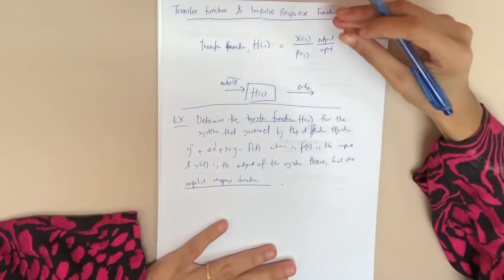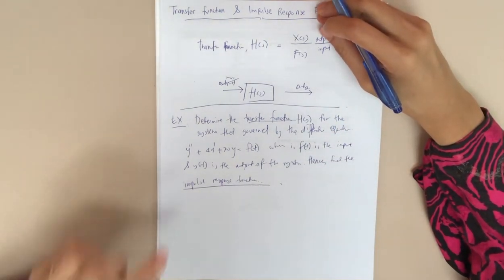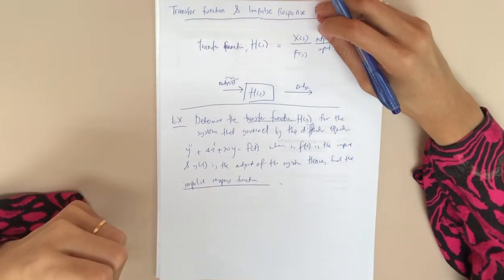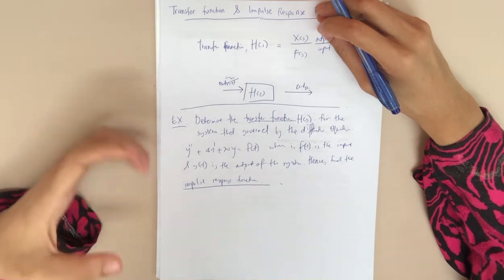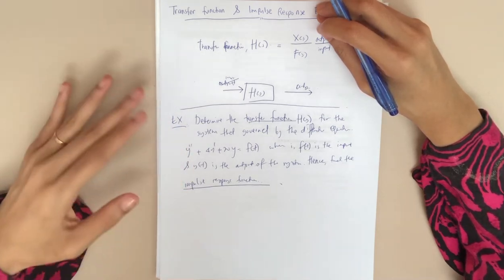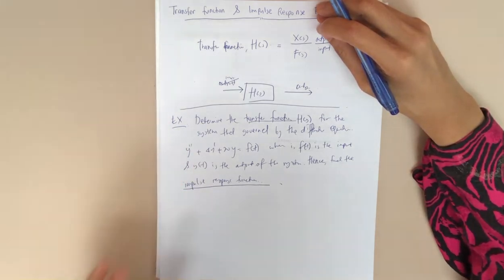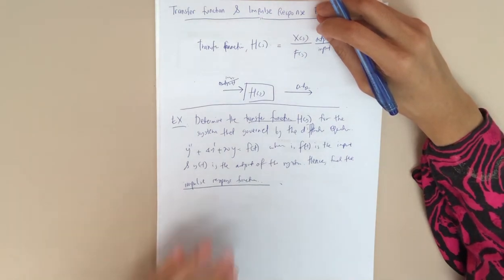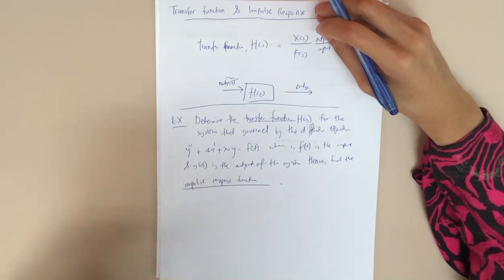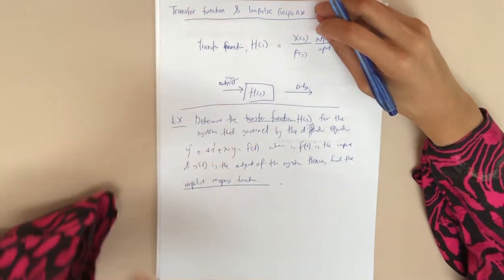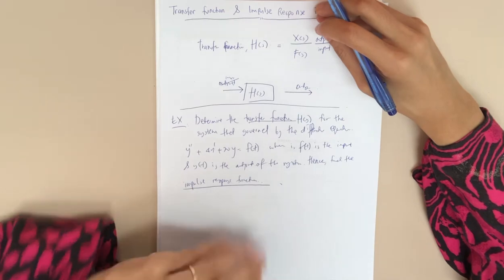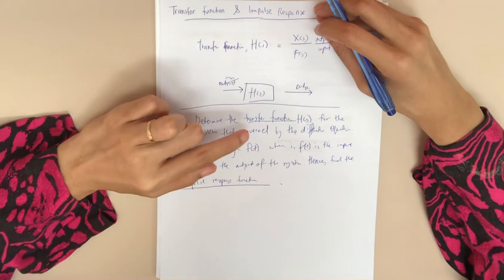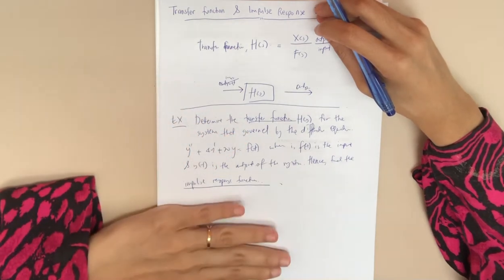Just now I explained about transfer function, but later on I will show you what the impulse response function actually is, because it's related to your transfer function. You cannot do the impulse response function first. You must solve for the transfer function, then later you can solve for the impulse response, because the impulse response depends on the answer that you get for the transfer function.